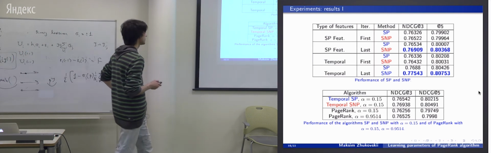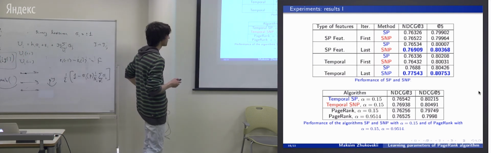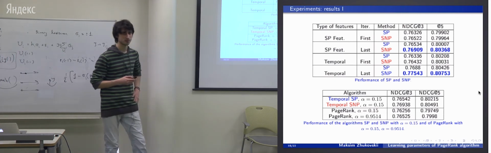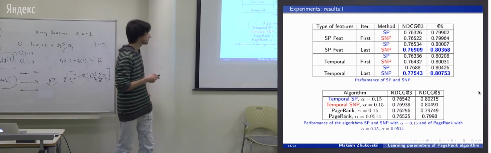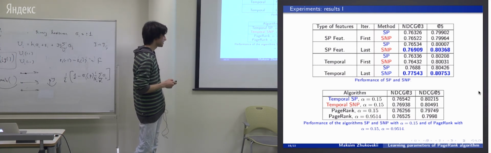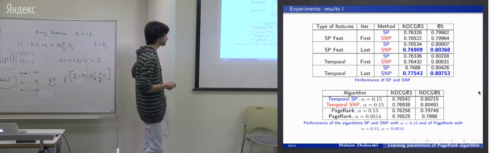We also consider temporal supervised PageRank and temporal supervised nested PageRank, where the jumping factor alpha is not tuned, so we fixed it and tuned all the other parameters. So as you see, these results are worse than in the case of tuned alpha.